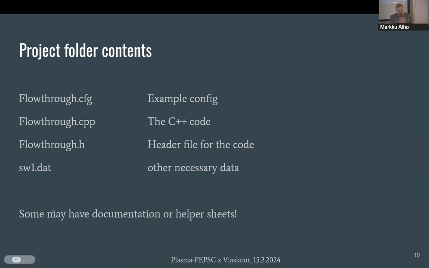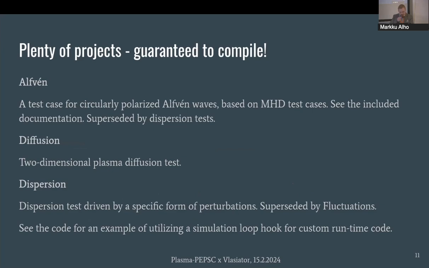If you start browsing the project folders, you can see that some of these projects may have documentation or helper sheets that might come in handy. Some do not, which is a bit unfortunate. I also put a quick short listing of these projects in the study materials, with some quick notes on what these projects are, so you can go and check that out.